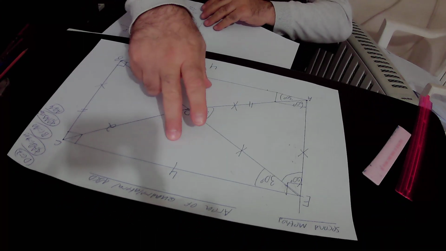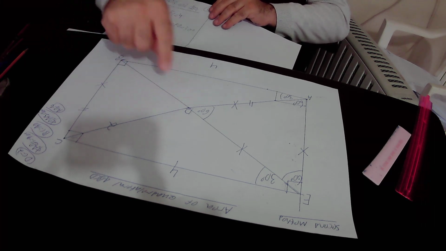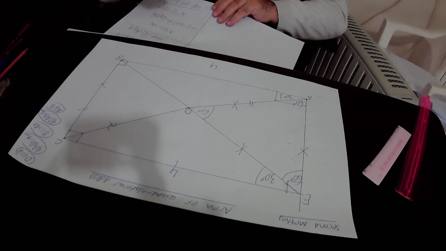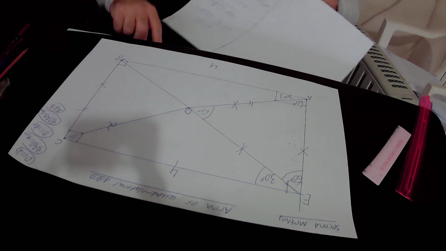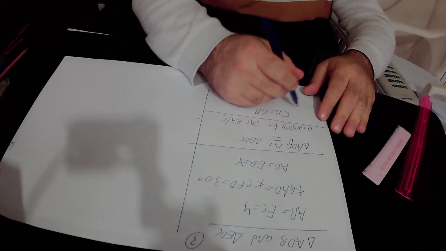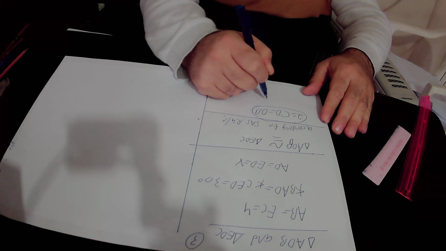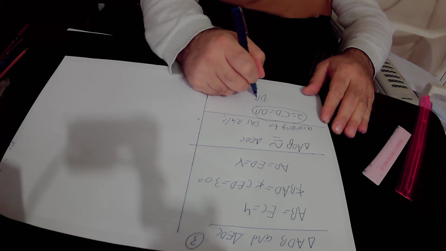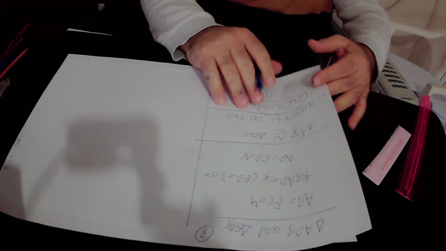Therefore, the corresponding sides, CD and DB, will also be equal. But CD equals 2 units, it is given in the question. From this equation we will derive that DB also equals 2 units.